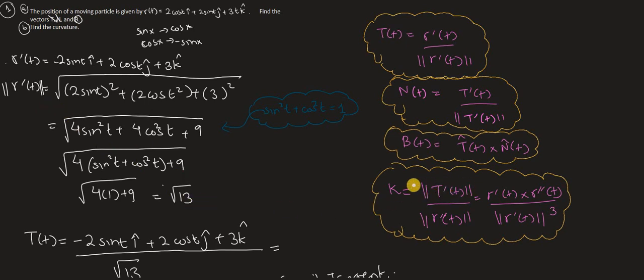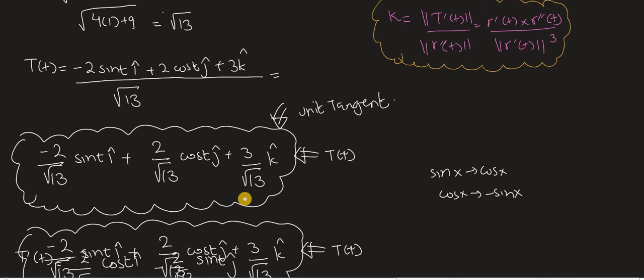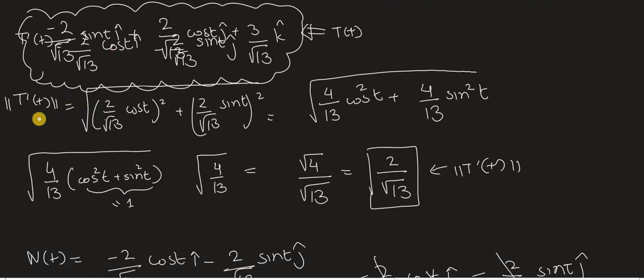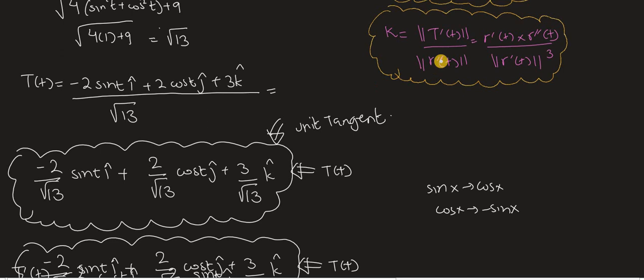And what was this? So let's find out. Yeah, so it was 2 over square root of 13. We're using this formula because we are given the tangent vector. But if we are not given the tangent vector, we would have to use this other formula.